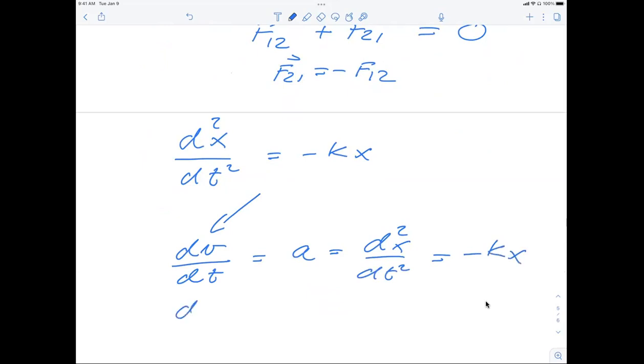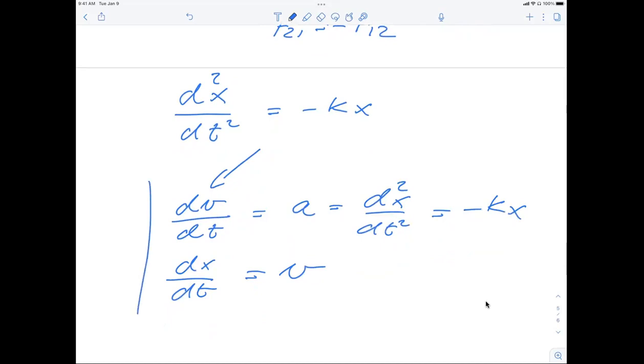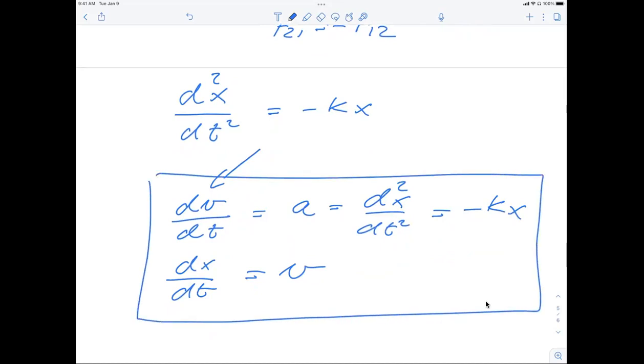And then we rewrote it in terms of another equation, dx/dt equal to v. Now, these are called coupled equations because the v equation you see here depends on x here. Oh, I see. So these are coupled.